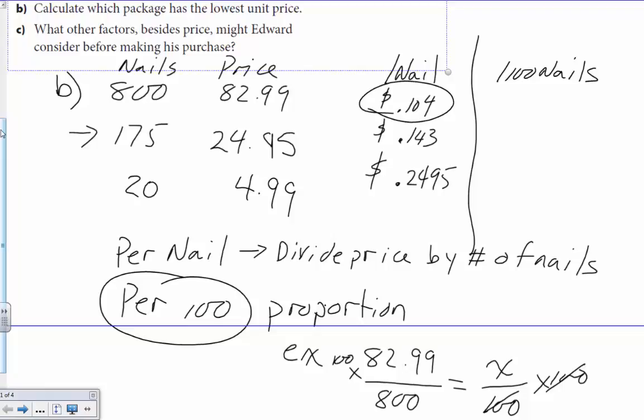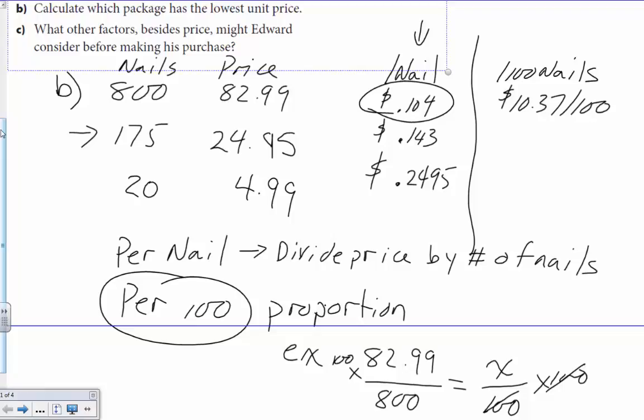Now, doing this whole process down here, we found out it was 1037 per 100, so $10.37. Some people find it easier to visualize the larger number. In this case, when the numbers get small, people misplace decimals.